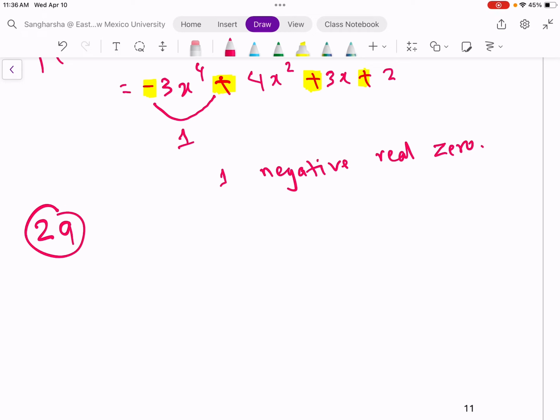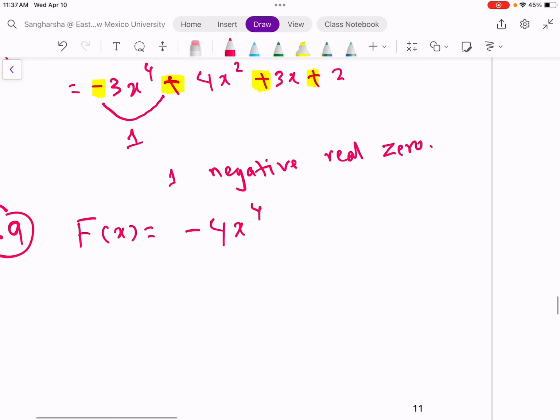and it tells us to find all the real zeros for the polynomial. Our polynomial is f of x equals negative 4x to the power 4, negative 11x cubed, negative x squared, negative 11x plus 3.